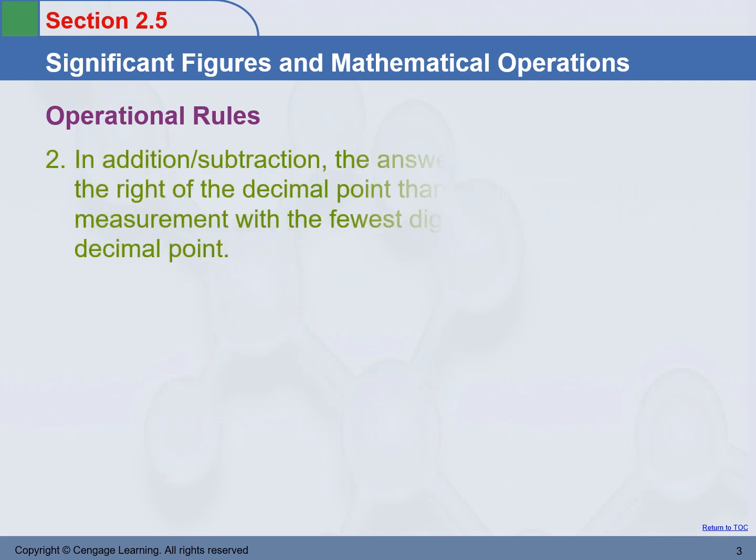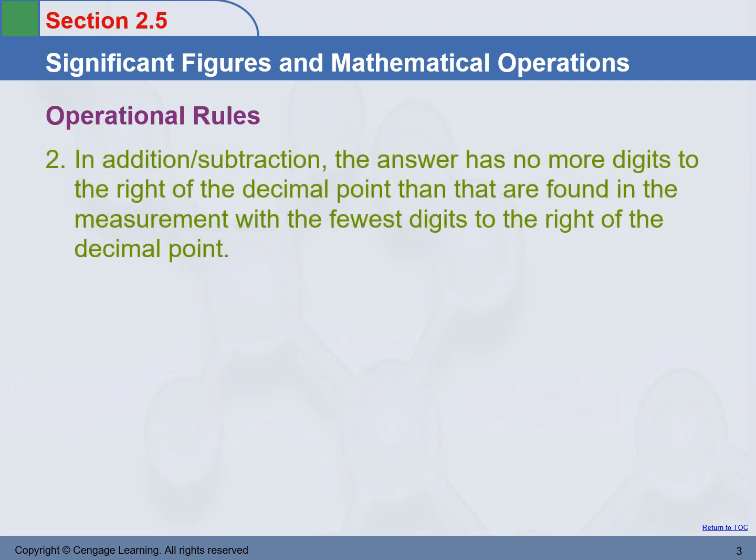Rule number 2 applies to addition and subtraction. In this case, you do not look at how many sig figs you have in the measurement data. You look at how many digits each of them has after the decimal.